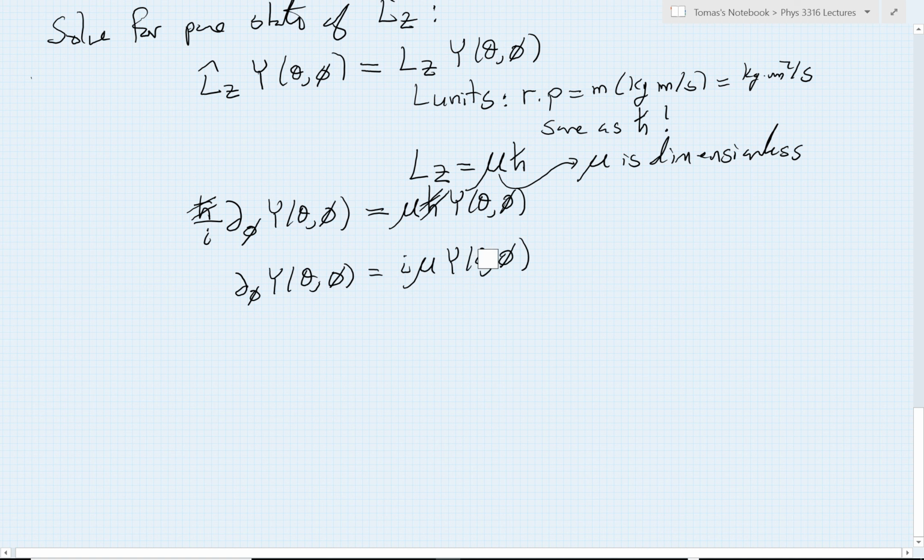So sort of in the backwards way of the argument I had given up above, what we could do is for each value of theta, I can just cover up theta, and then I have an equation that I need to solve, right? And then I can change the value of theta and resolve this equation at the next value of theta, and so forth, and thereby build up my entire solution.